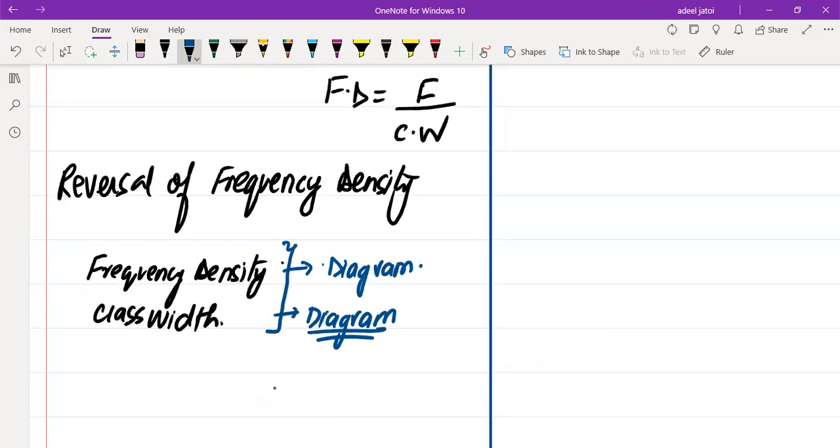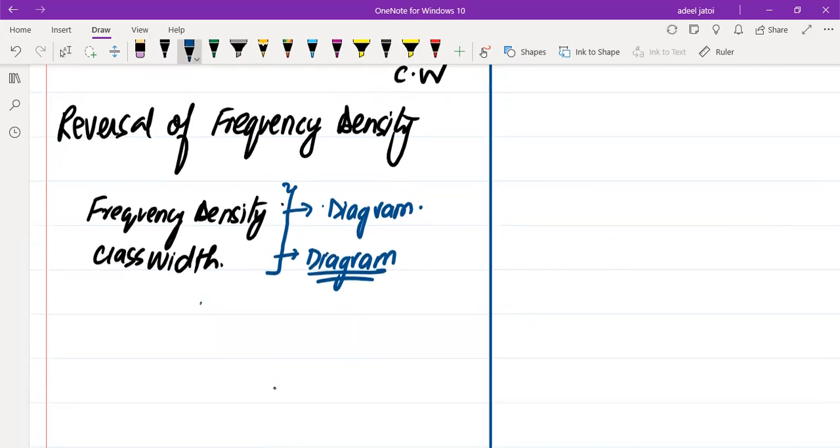So with the help of frequency density and the class width, you will be able to find the frequency itself, because your formula says frequency density is equal to frequency upon class width. Now in this, if the frequency density is given and class width is given, that means the class width difference will be multiplied by what?